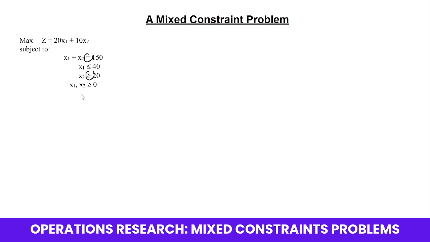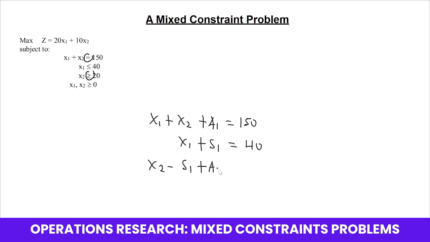So our transformed model, we have our constraints now to be x1 plus x2 plus a1 equal to 150. And then we have x1 plus s1 equal to 40. And then we have x2 minus s2 plus a2 equal to 20.